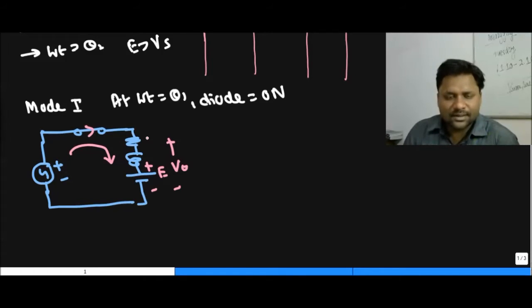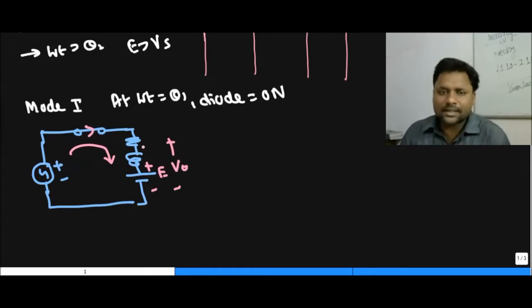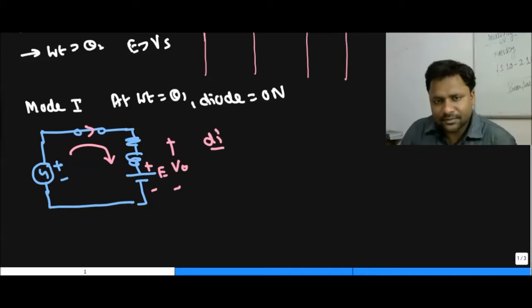Some energy is dissipated in the resistance, and some energy is going to be stored in the inductor. So we can say that di by dt is positive, and the current increases. It is called the load current or the inductor current.